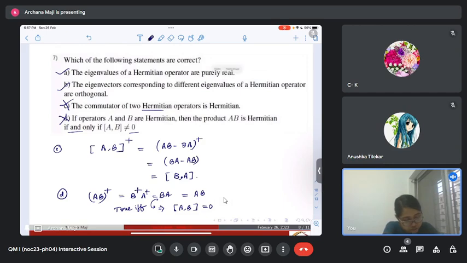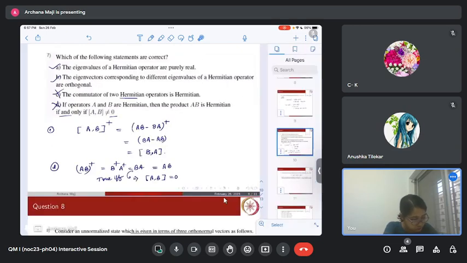Okay, now these first two statements: eigenvalues of a Hermitian operator are purely real. Let's see, we can show this.